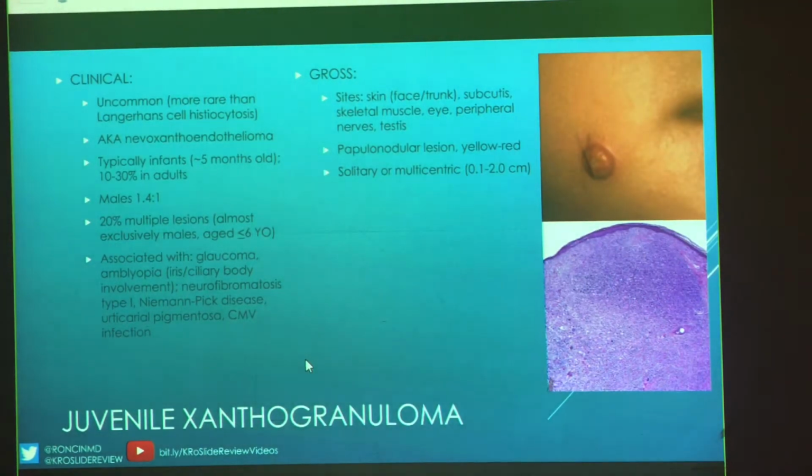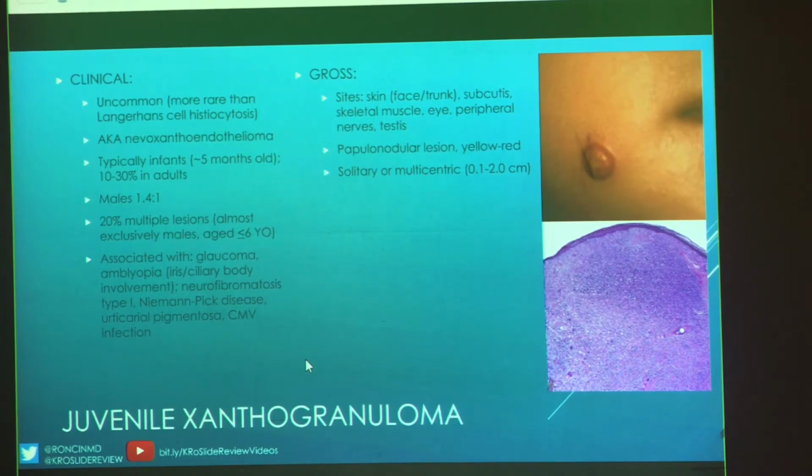Okay, so these are very uncommon lesions. They are more rare than Langerhans cell histiocytosis, so that should give you an idea of how often we really see these. They often involve infants about 5 months old, but you can see them in adults.